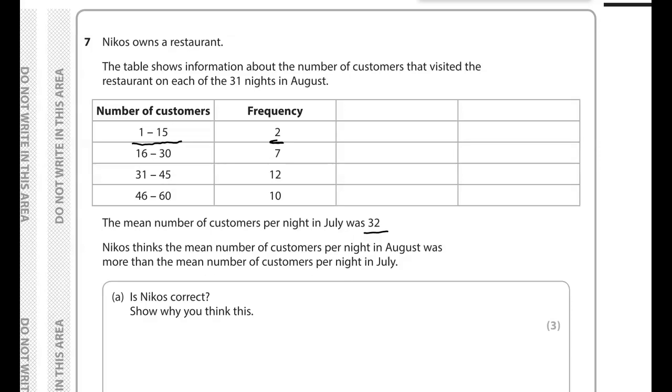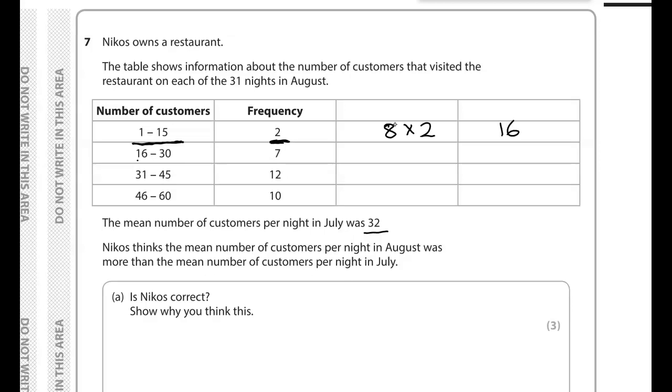Frequency was 2, so 2 nights. So as we're not given a specific number of customers, we're going to have to use the midpoint, somewhere in the middle, so between 1 and 15, and that is 8 customers. And it's 2 nights, so we're going to do 8 times 2.